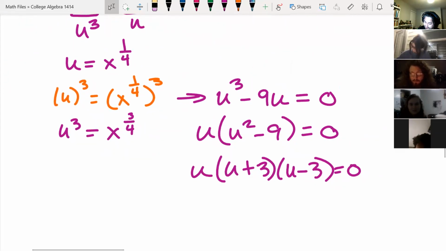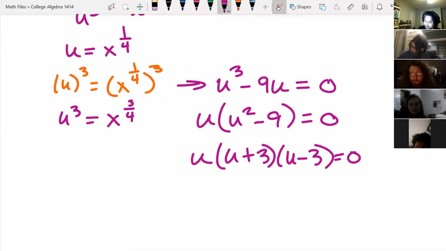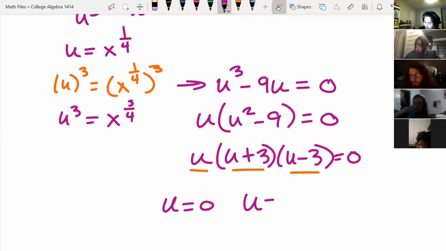Okay. So now, set all of these equal to 0. And we're going to get u equals 0, u equals -3, and u equals 3. But what was u?